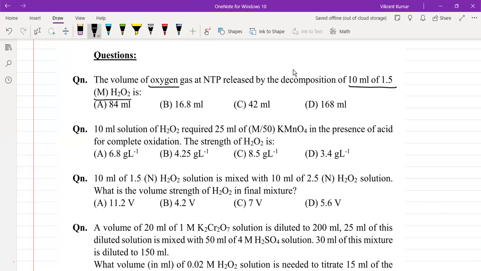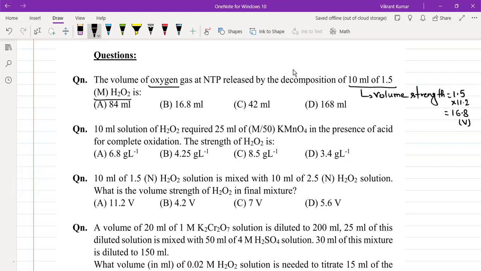So volume strength is equal to 1.5 into 11.2, and that gives you 16.8. We'll write it as 16.8 V. Will this be the answer?